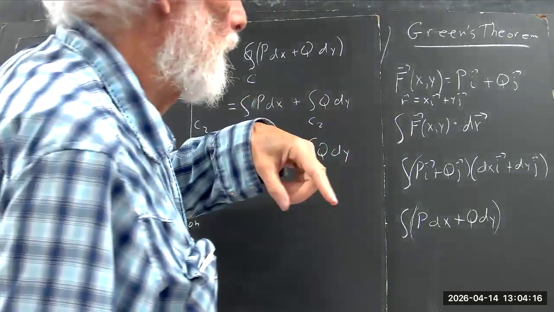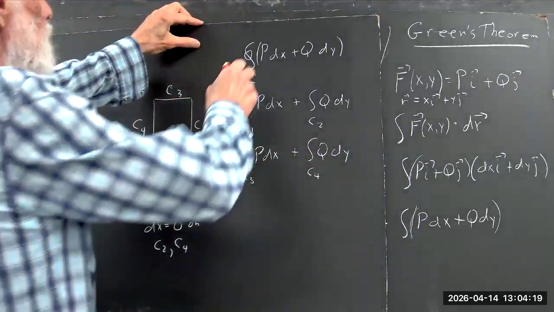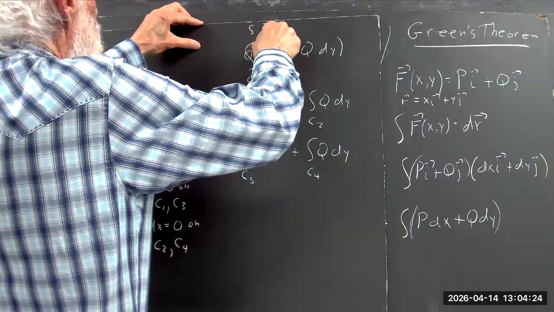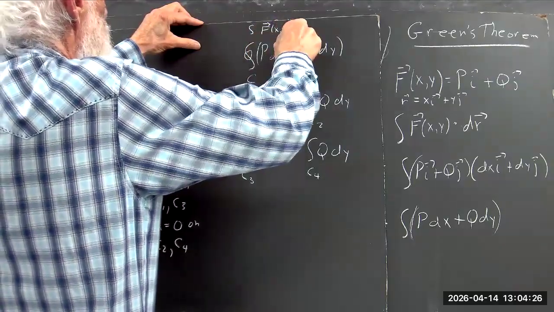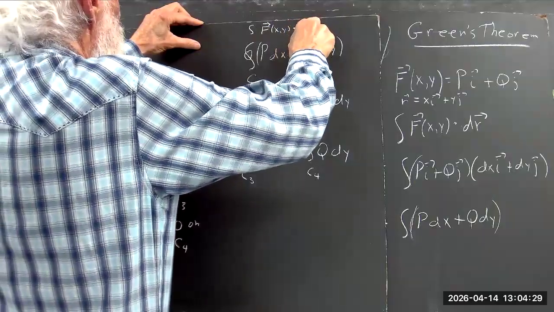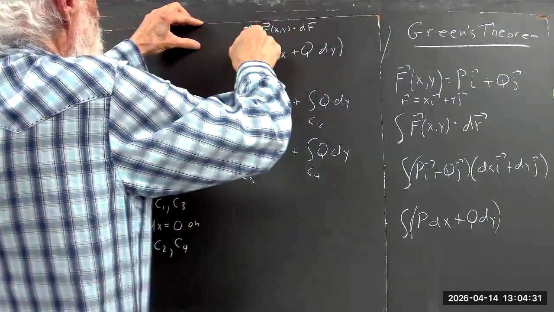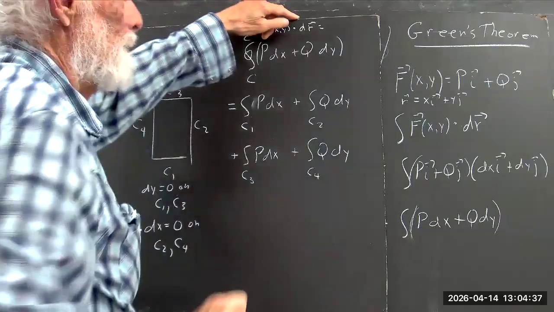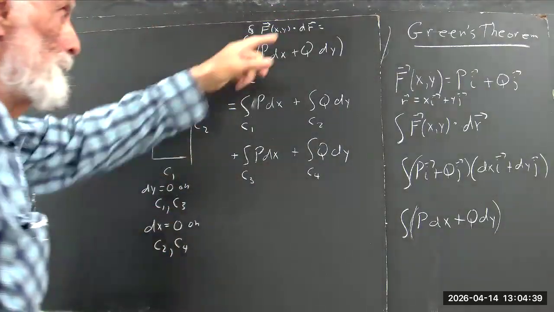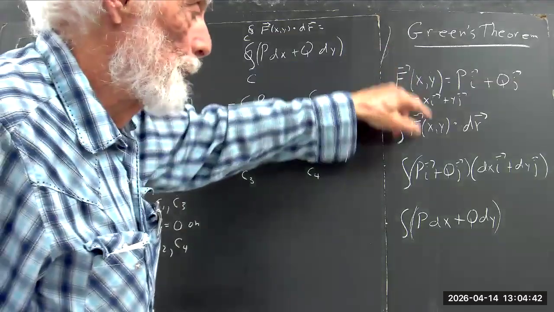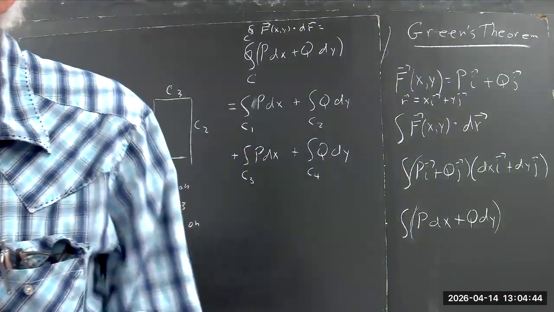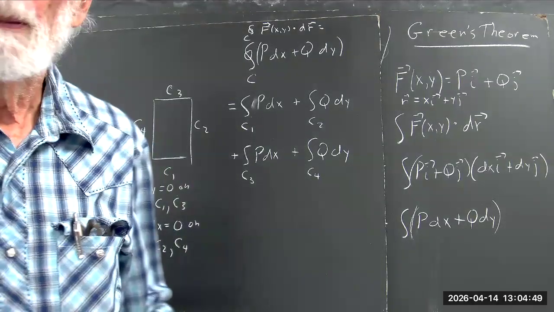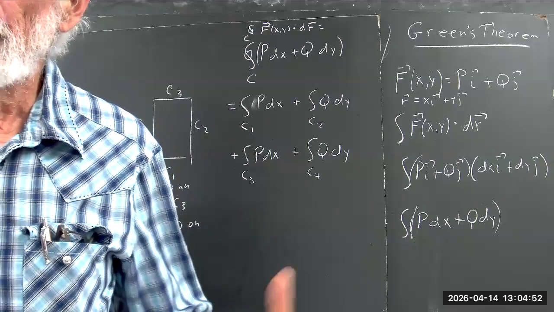Now remember, just to keep it in context, this is the integral of big F of x, y dot dr over that curve. I've got that written pretty small up at the top here, but it's written bigger here. So you want to keep that in mind because problems you have are not necessarily going to say integrate P dx plus Q dy.